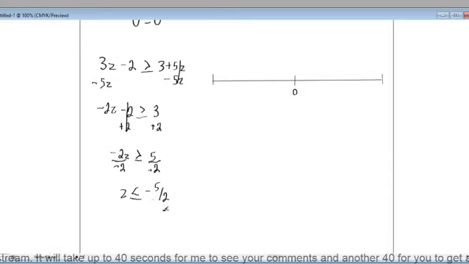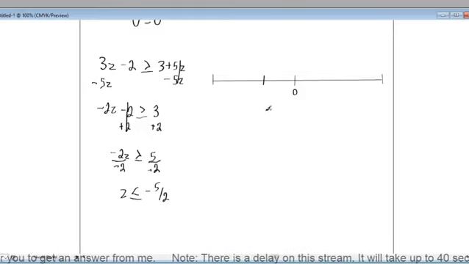So negative 5 halves, if we were to put that into a calculator or convert that to a mixed number, we'd see that that's negative 2 and 1/2. So, you could put that onto your number line on Hawks. But I'm just going to say that negative 2 and 1/2 is about right there.